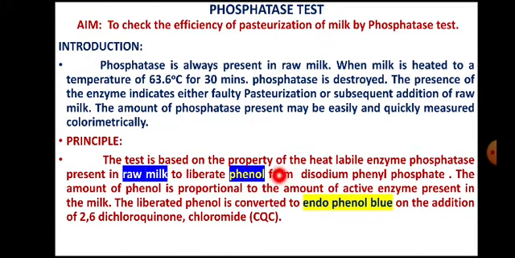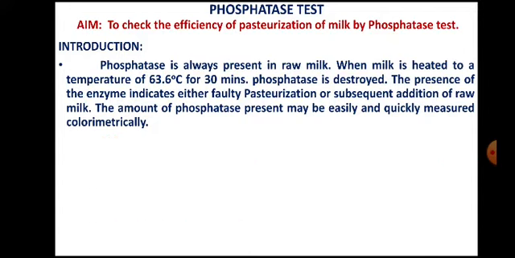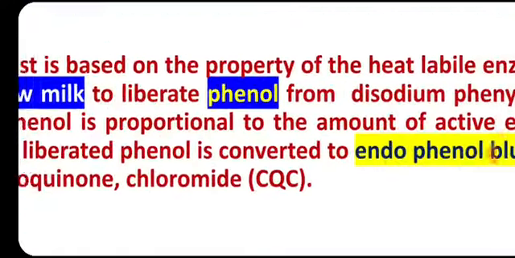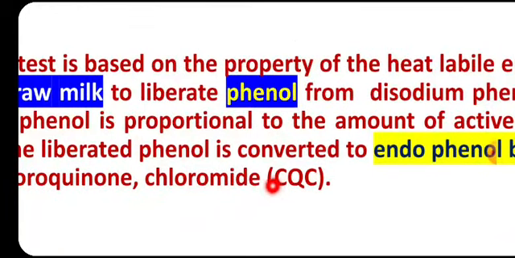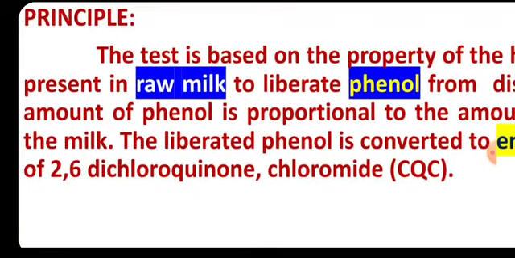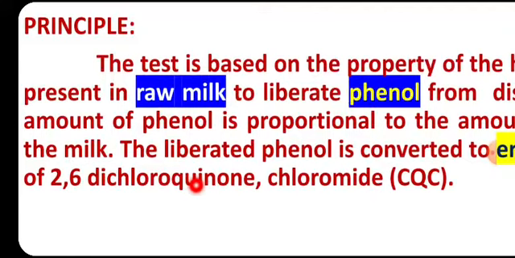So due to this, the next reagent which is added to increase the contrast is this reagent which is written at the bottom, that is CQC. CQC stands for 2,6-dichloroquinone chloramide.